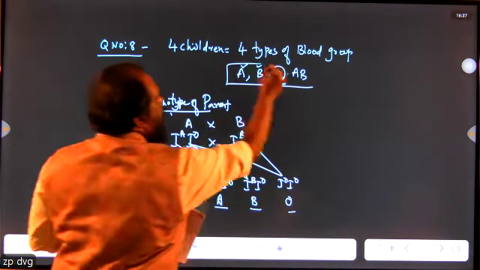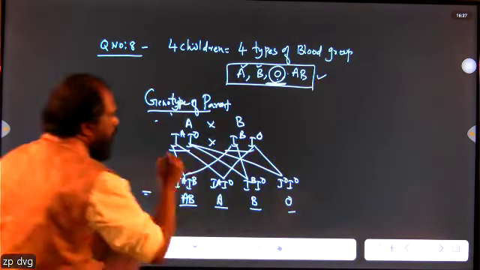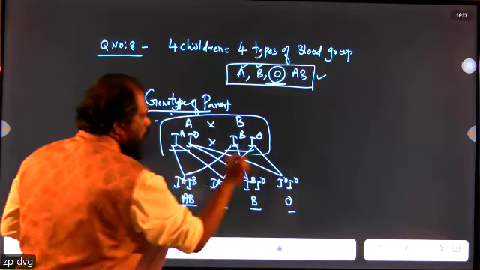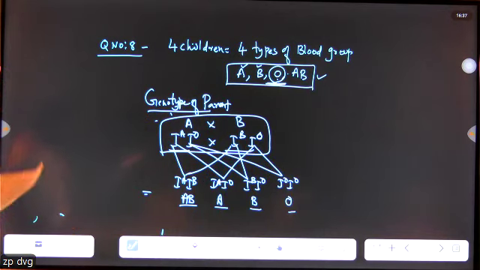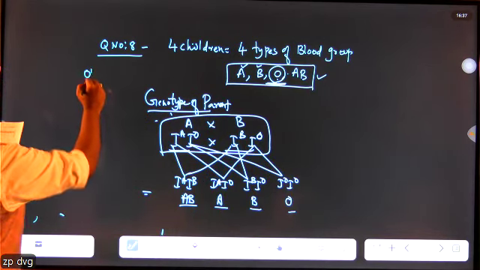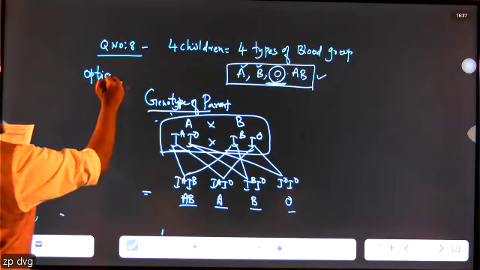That means the offspring have all 4 blood groups. Therefore, the genotype of the parents is supposed to be IAIO and IBIO. So what is the correct option? The correct option here is option 3. If you read option 3, you will understand.